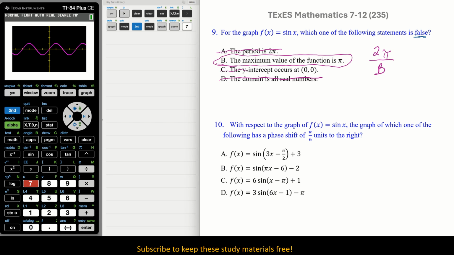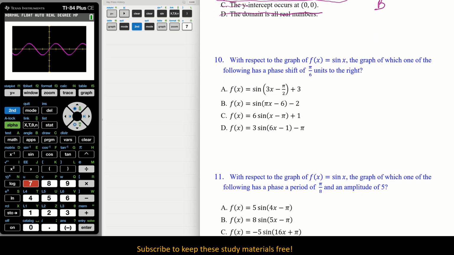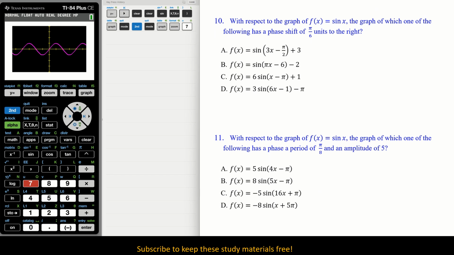Okay, let's look at number 10. With respect to the graph of sine of x, so I'll leave up our graph in our calculator. The graph of which one of the following has a phase shift of pi over 6 units to the right? Here's the thing.